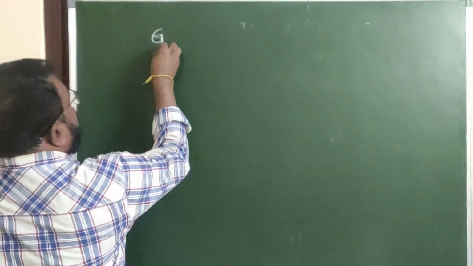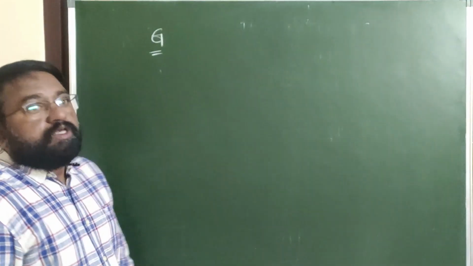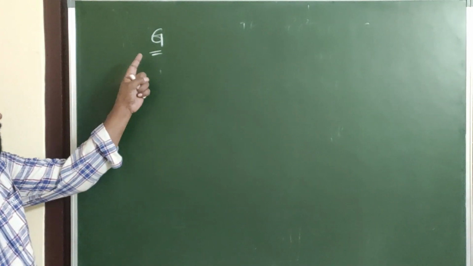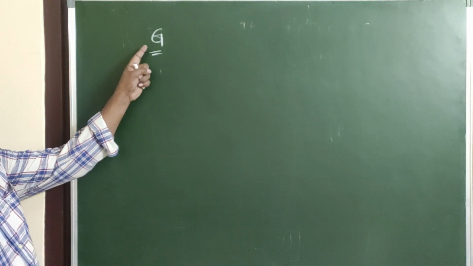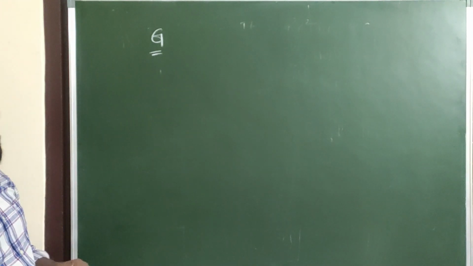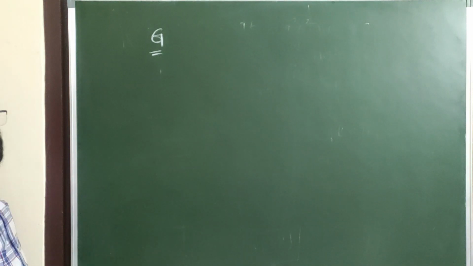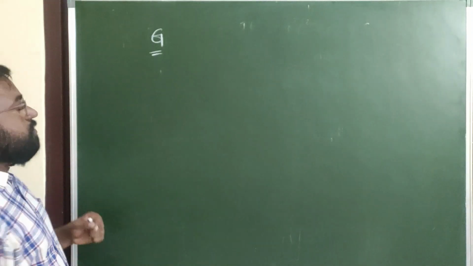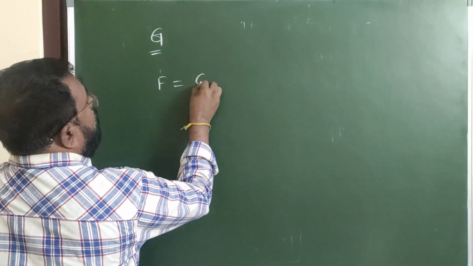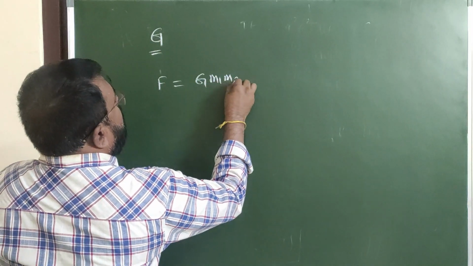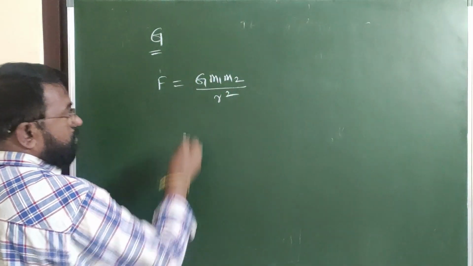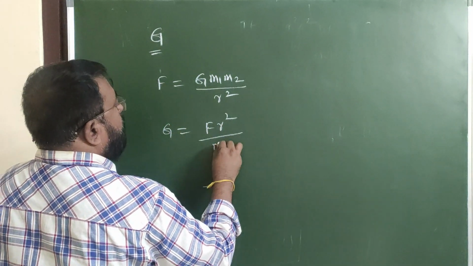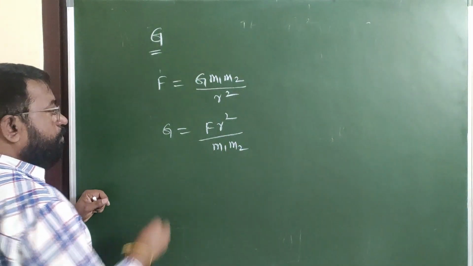For example, G. G is nothing but the universal gravitational constant. If you want to derive the dimensional formula for this universal gravitational constant, in the gravitation chapter, there is a force of attraction between any two bodies. That force F is equal to G into M1 M2 by R square or D square. From this, G is equal to F R square by M1 M2.